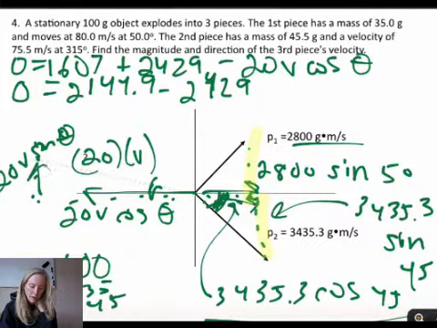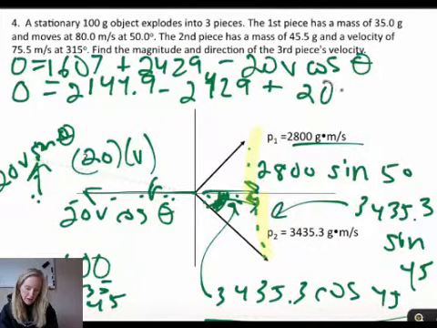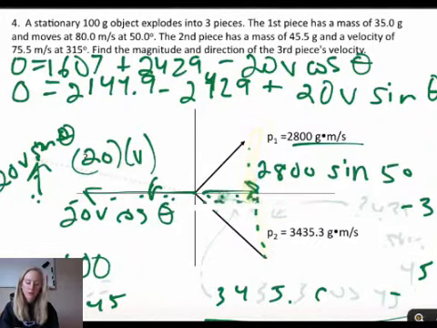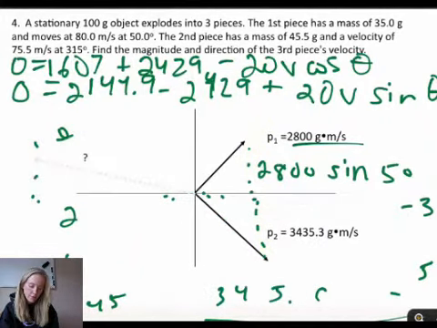And then this one's in the positive direction, so we'll do plus 20v sine of theta. Now we have our two equations and our two unknowns, so we get to solve for them.